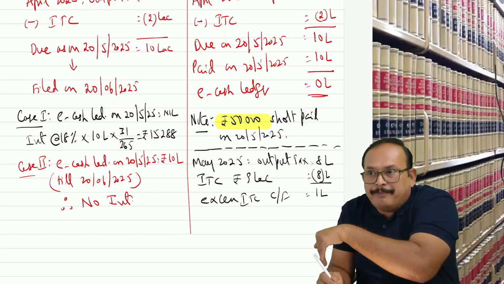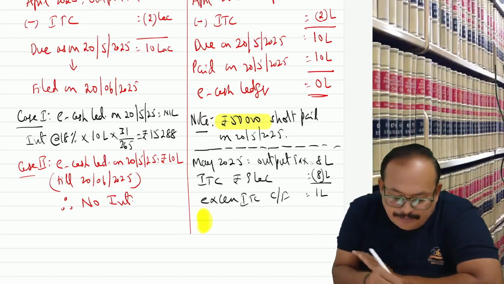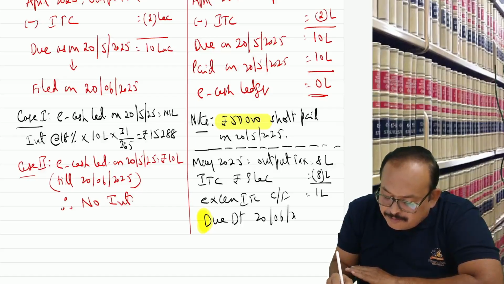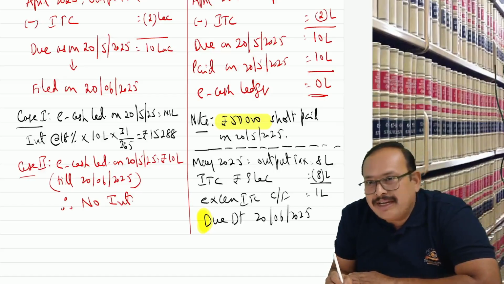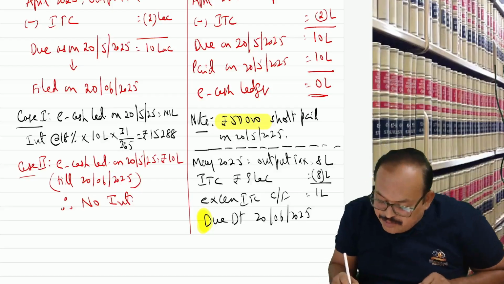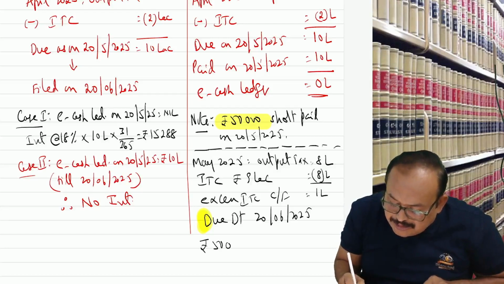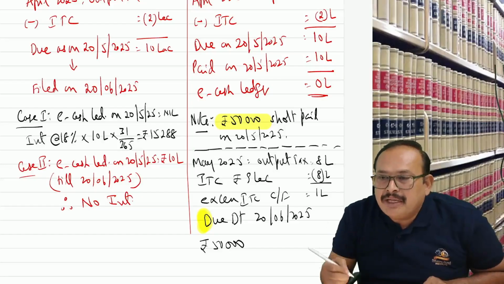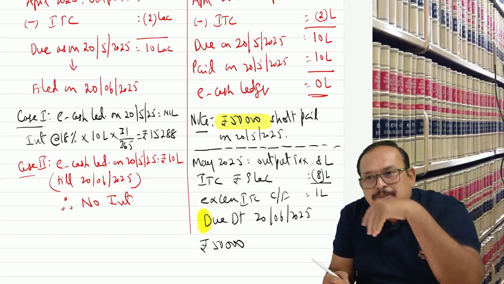Now I am going to pay. Correct? When is the due date to pay? Due date 20th June 2025. Are you getting my point, sir? If this is the due date, now when I am going to pay rupees 50,000, can I utilize the credit of the future period?